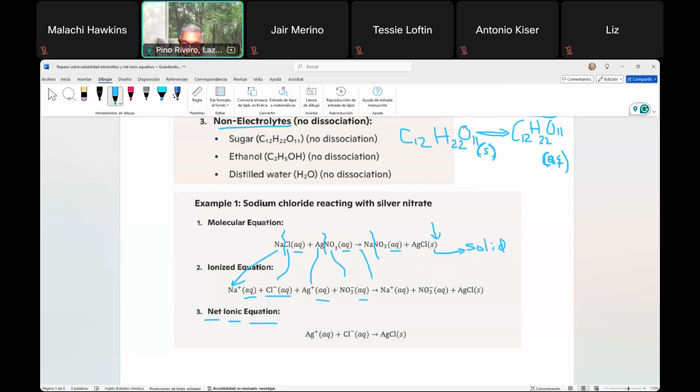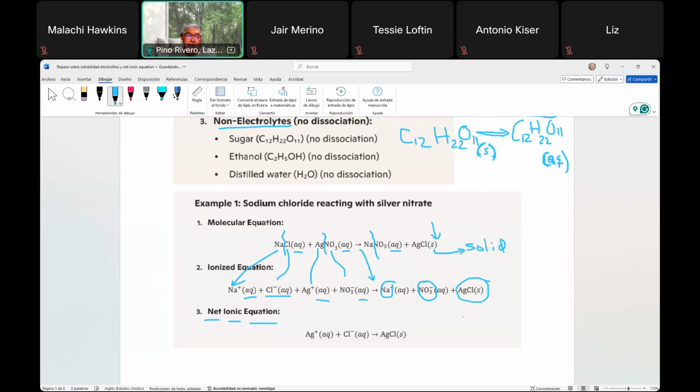Then the arrow. Sodium nitrate is also soluble. So I divide into cation and anion. But what happened with silver chloride? It's a solid. Then I cannot divide into ions because this compound is a solid.